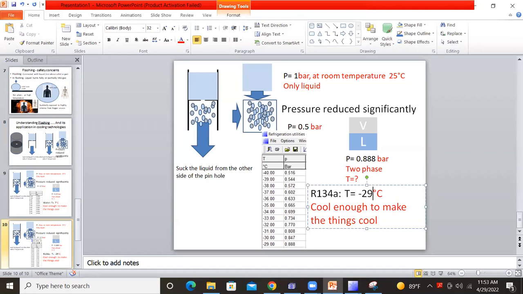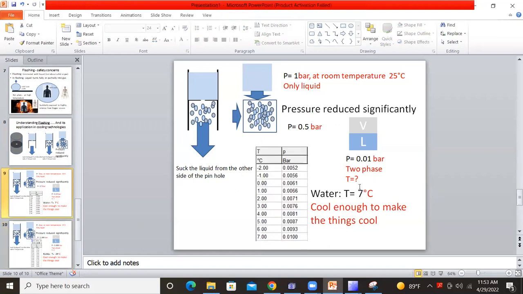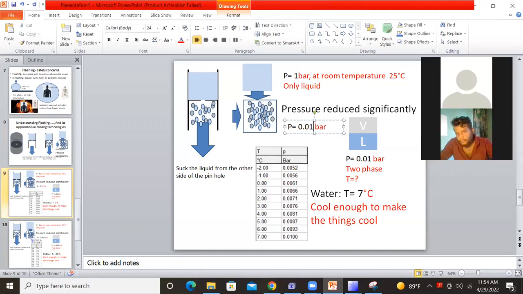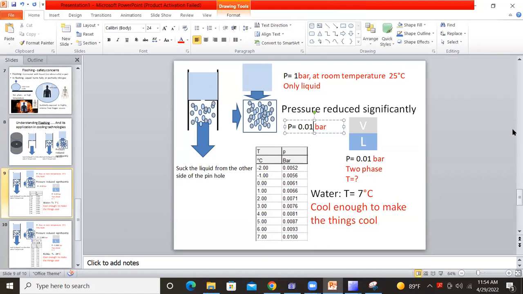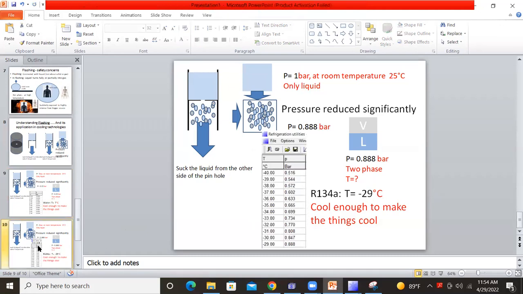So the pressure reduced to 0.888. Previous one is 0.01 bar. Now the temperature is minus 29. So cool enough to make things, not to say cool, freeze.